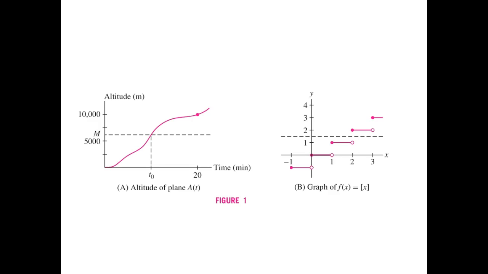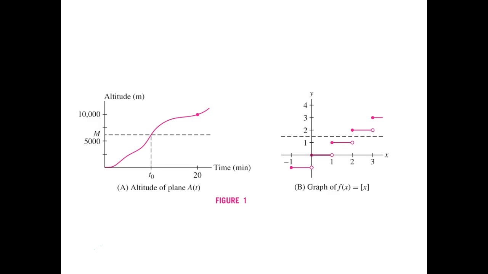And sure enough, the function is continuous on that interval 0 to 20. Here's your f of 0, here's your f of 20. Okay? They're not the same. That was a requirement. f of a cannot equal f of b. They're not. Here f of 0 is 0, f of 20 was 10,000.